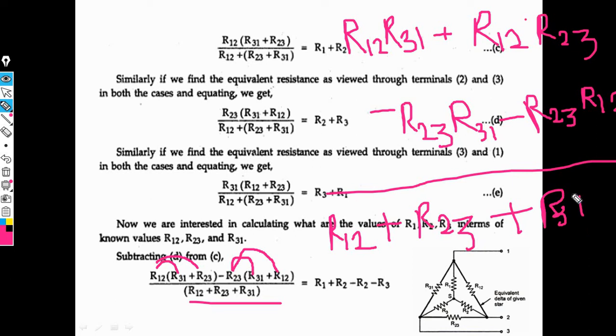Now minus R23 R12 and plus R12 R23 get cancelled. Then we obtain R12 R31 minus R23 R31, which equals R1 minus R3.